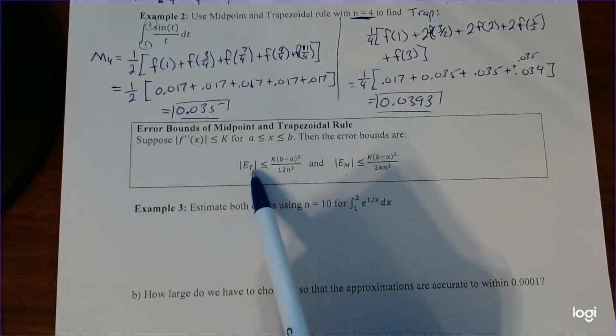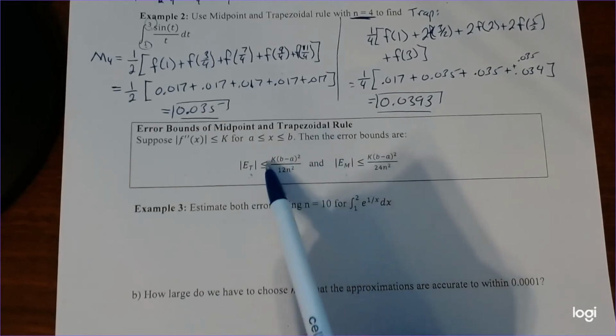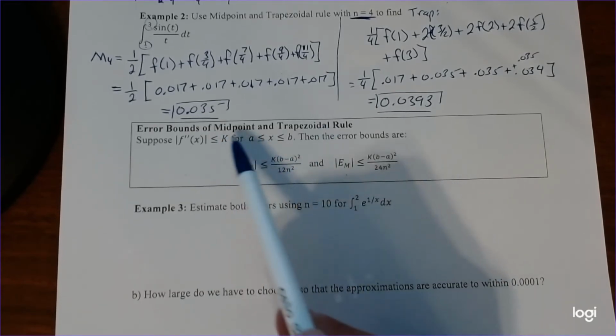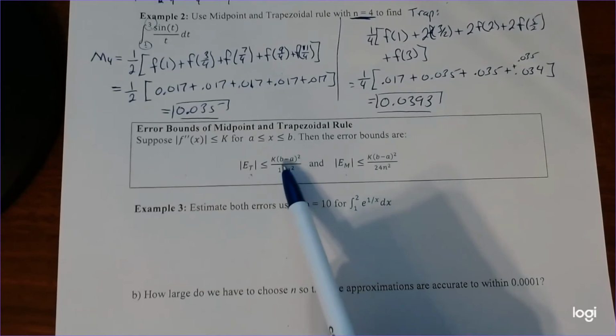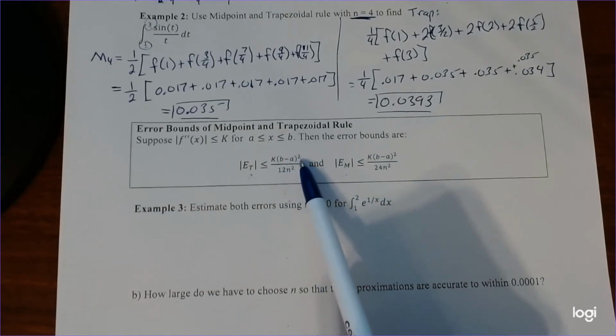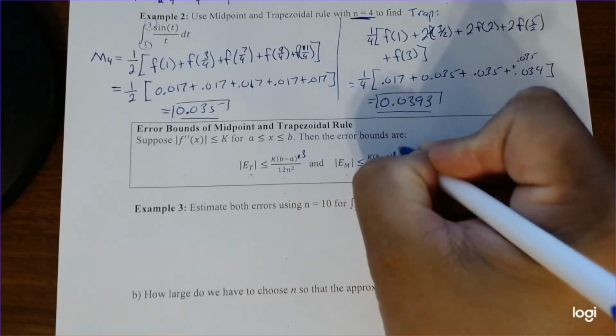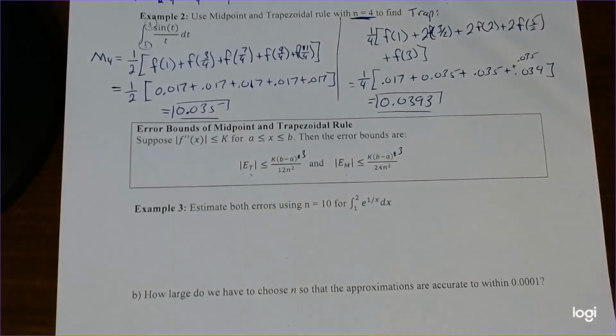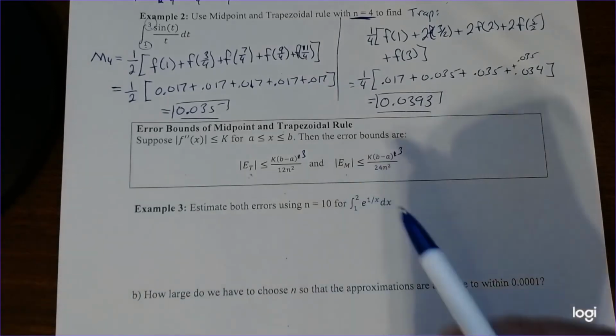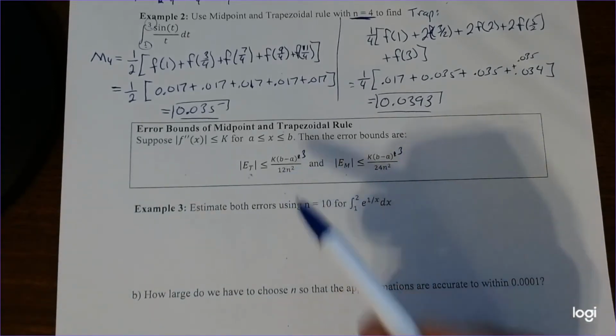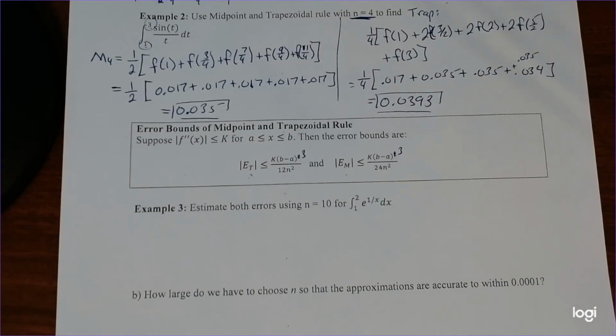First, the error of the trapezoidal rule is less than or equal to that same k value times (b minus a) cubed, divided by 12 n squared. And then the error bound for the midpoint is very similar. The only difference is you divide by 24 n squared instead of 12. So the equations are pretty much identical to one another.